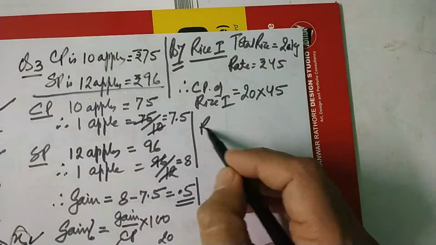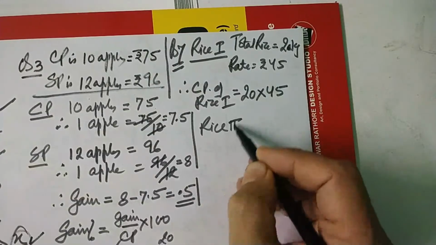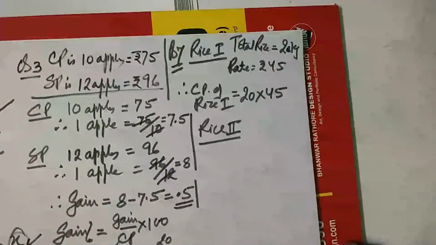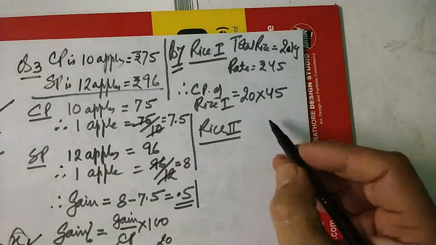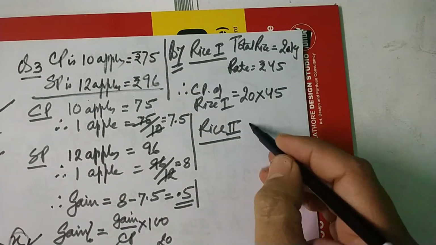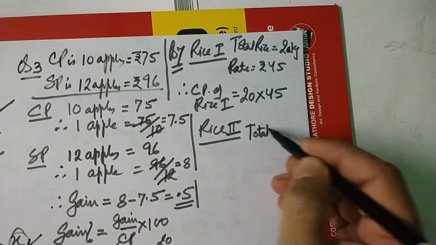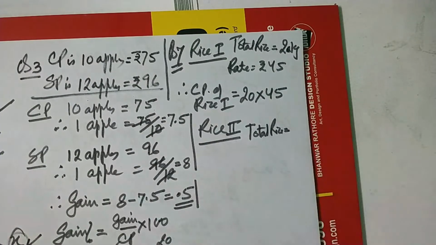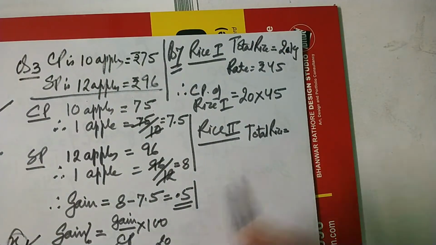Now the second type of rice is rice number 2. What is the second type of rice? Meena bought two types of rice, and 30 kg. So in the second case, what is the total? Total rice is 30 kg.